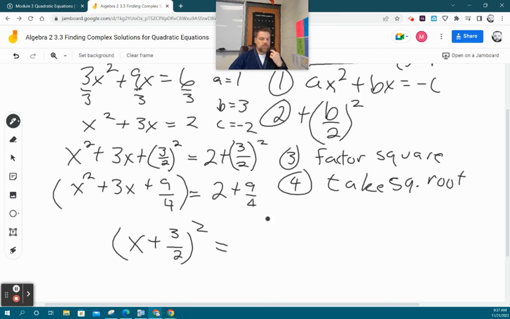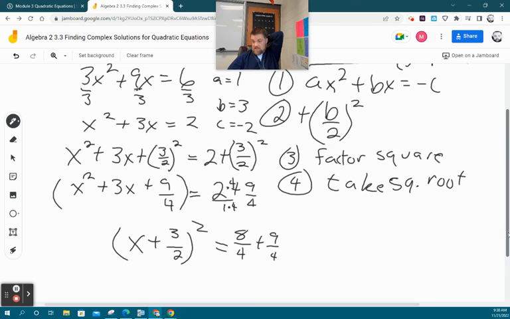So this is equal to, and if I do the math, to make this 2 over 4, isn't that 8 over 4, right? Plus 9 over 4, I need a common denominator, right? So I'm taking 2 and putting it over 1 and then multiplying the top and bottom by 4.